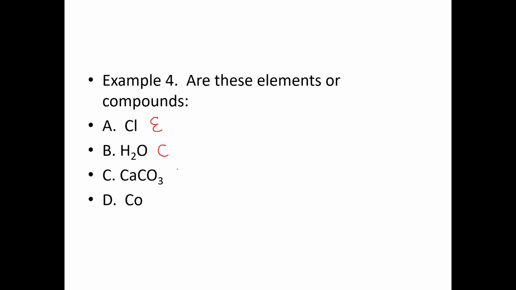What about C? Well, here we have calcium, carbon, and oxygen. That would be a compound. And what about D? CO. This is a tricky one. This is just an element. Remember, our rule is that the elements have to start with an uppercase letter. If you have a lowercase letter after an uppercase letter, that means that that is all one element, that is Co, also known as cobalt.